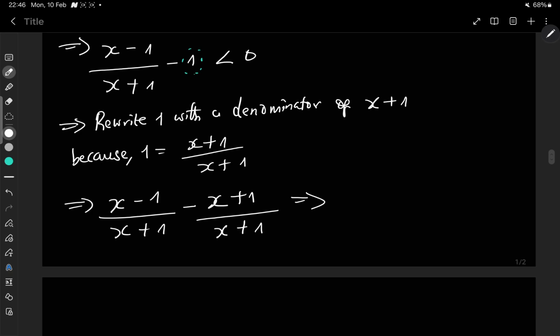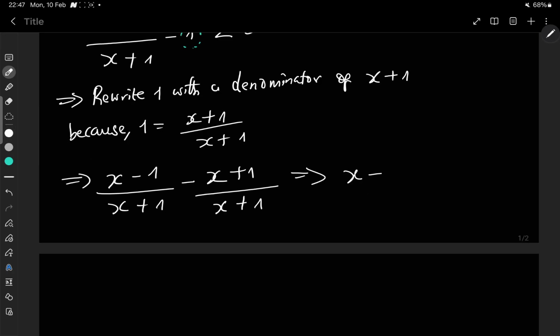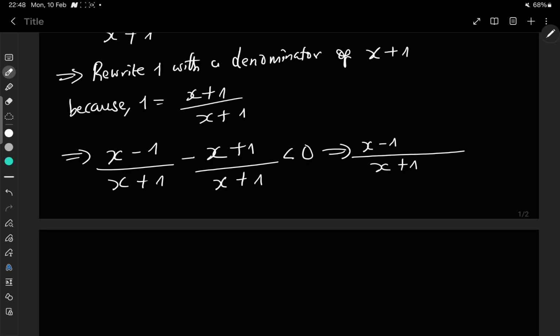So simplifying this now, they all have the same base, x plus 1 as the same denominator.